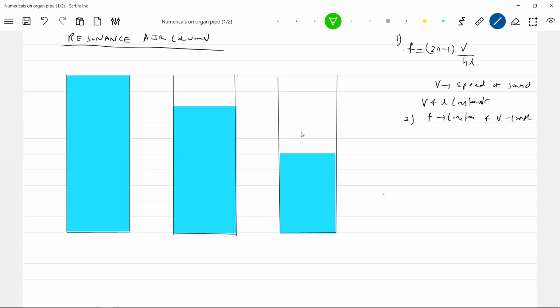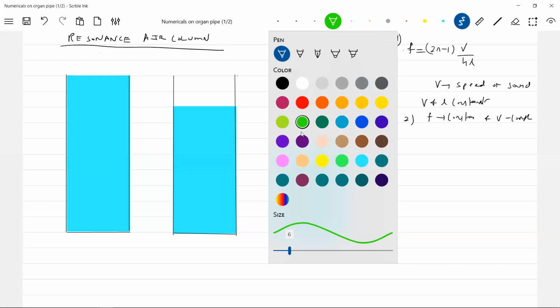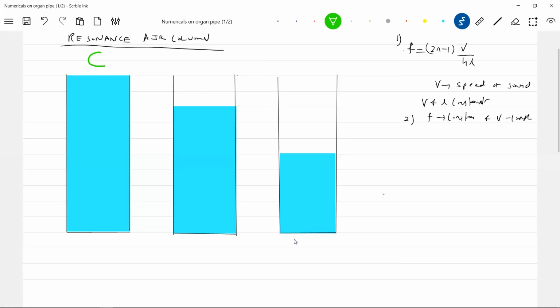So here is the tuning fork. Lateral, lateral. There's water, and I have here a tap where I can control the amount of water in that particular thing. So what is this? There's a cylindrical glass pipe with water. I'll take the tuning fork, vibrate it, strike it against a rubber pad, and keep it here now.